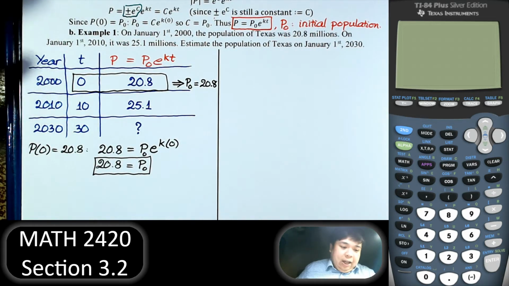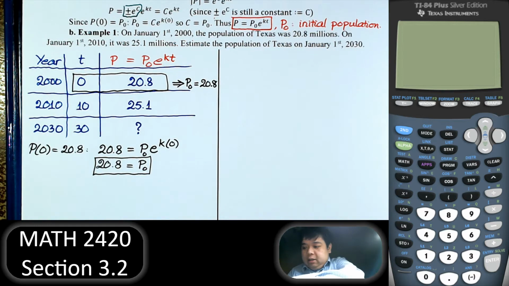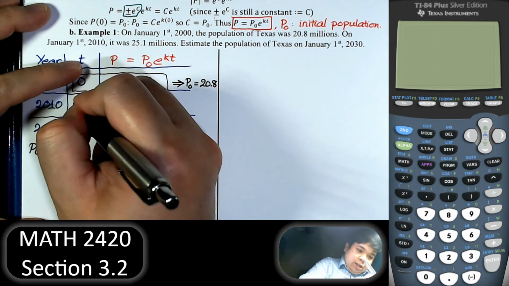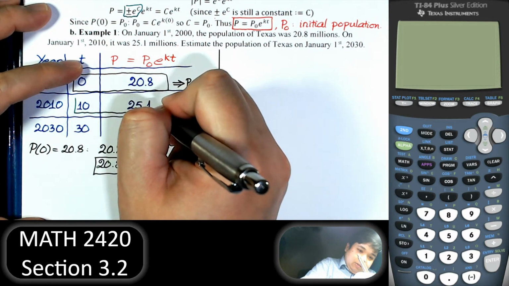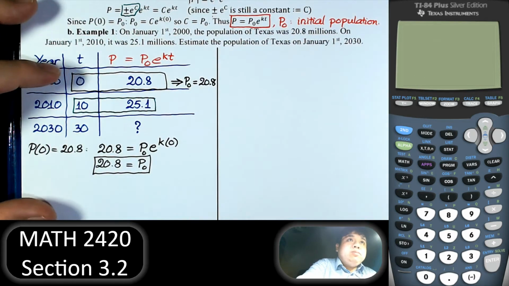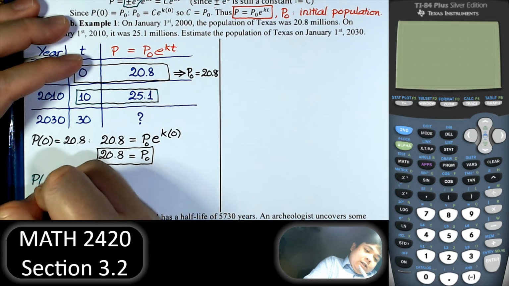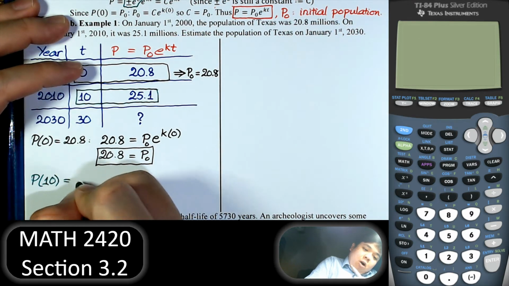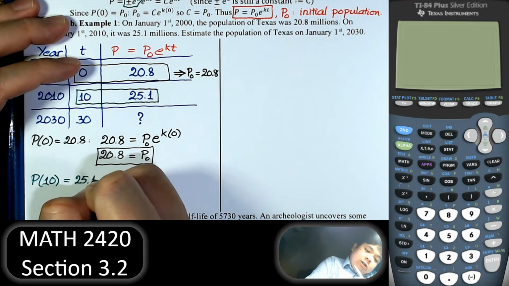Right. Next, we will look at this condition, meaning that 10 years later, the population is 25.1.